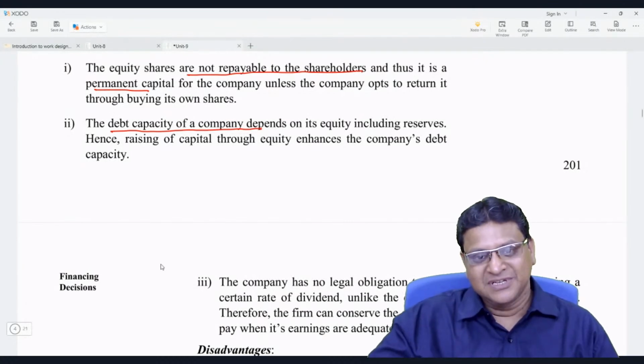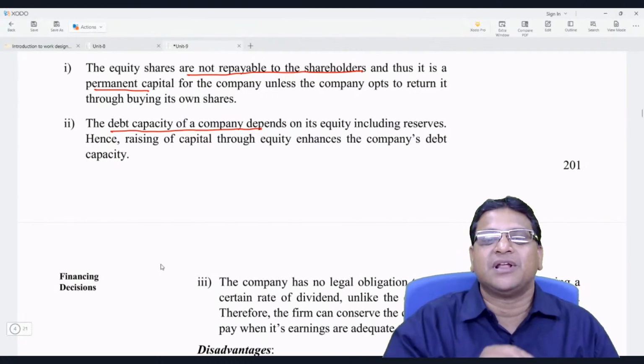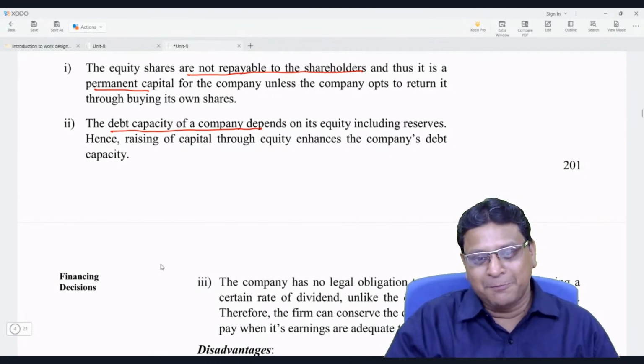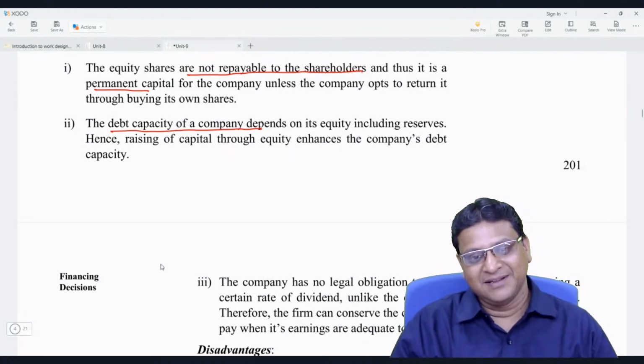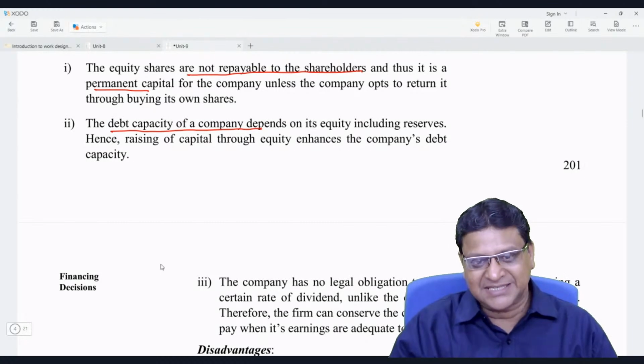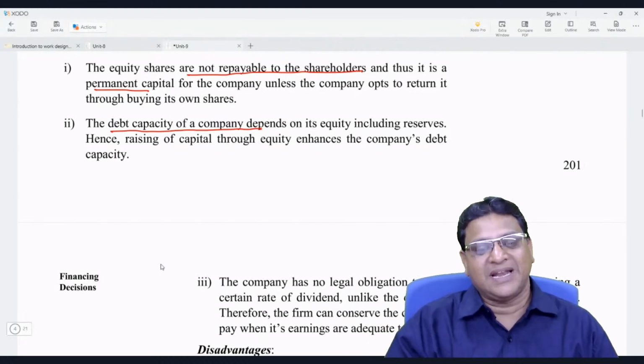That means if something happens, the first risk is borne by the equity shareholders. If the profit of the company declines, equity shareholders will not get any dividend. If the asset value decreases, there will be value erosion in the equity of the organization.